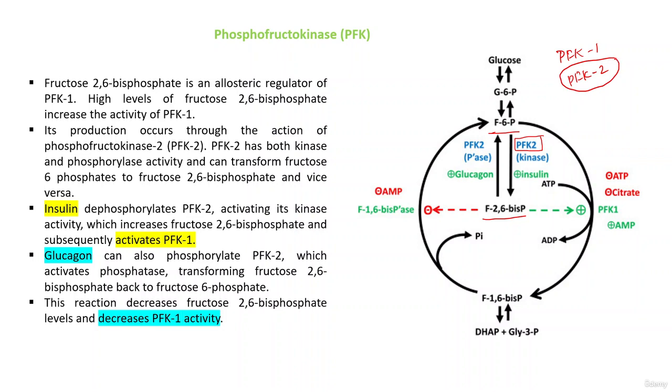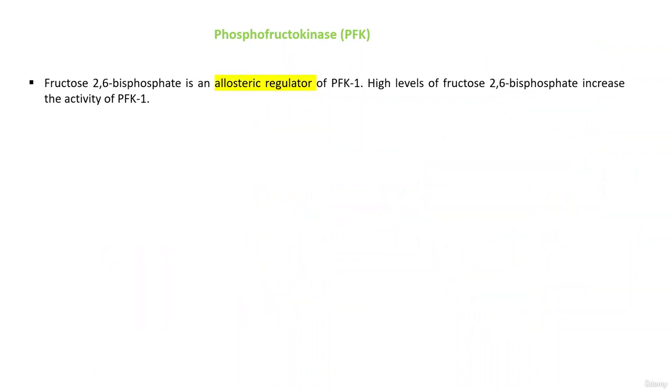PFK-2 is able to transform fructose 6 phosphate into fructose 2,6 bisphosphate. Fructose 2,6 bisphosphate is actually an allosteric regulator of PFK-1. So by the production of fructose 2,6 bisphosphate, it will automatically increase the activity of PFK-1. Okay, so that is what the whole thing is about.